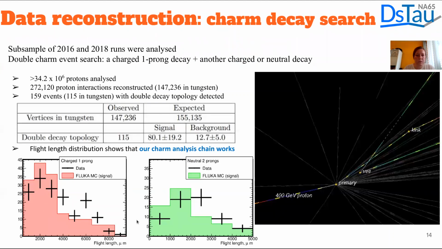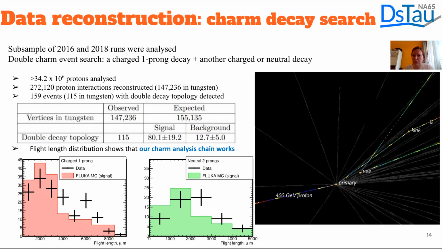And here is a comparison of the flight length of charged and neutral charm candidates between data and Fluka. Here you can see an example of one of the double decay topology candidates.